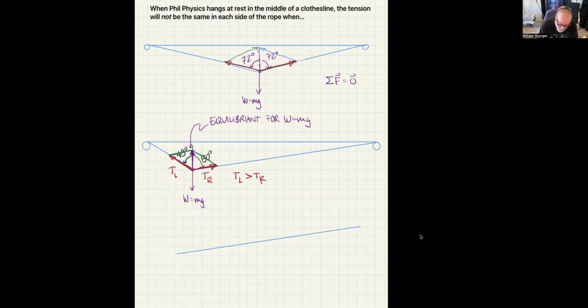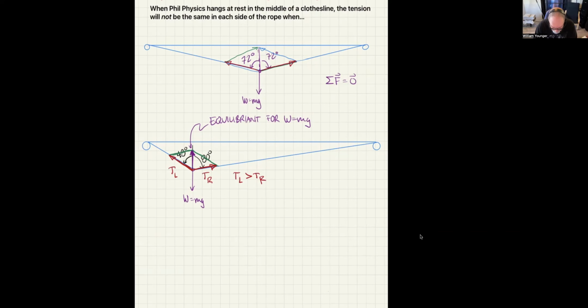So that is what happens when Phil Physics hangs from a clothesline, not in the center, but rather on the edge. And there's a useful trend here. We see that the line that's closer to vertical is more likely to carry the larger portion, because the tension in the left rope points a lot closer to vertical.